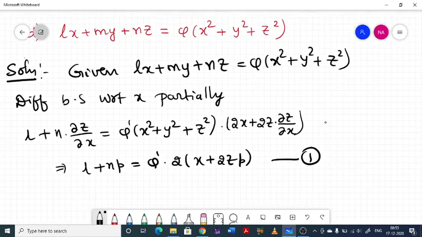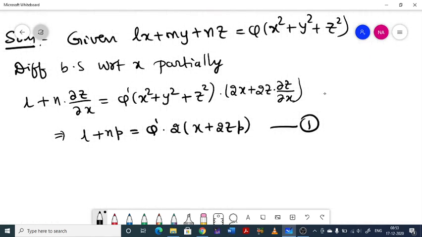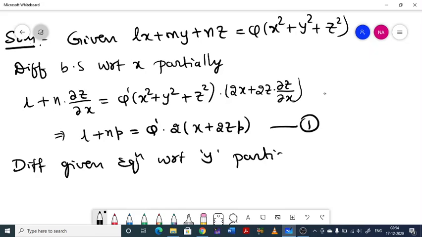Now similarly, differentiating the given equation with respect to y partially. What we will get?